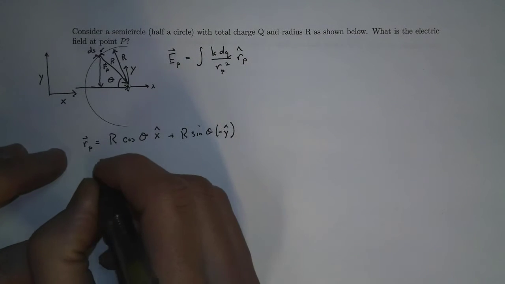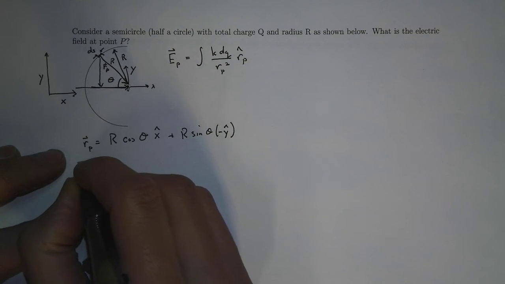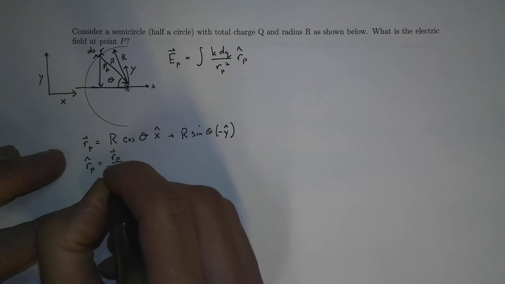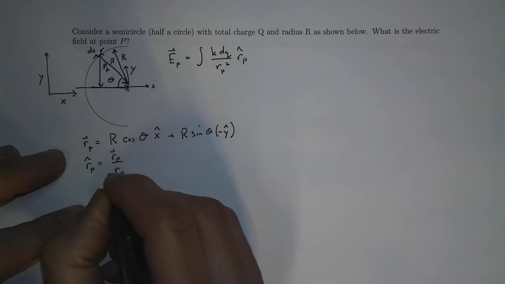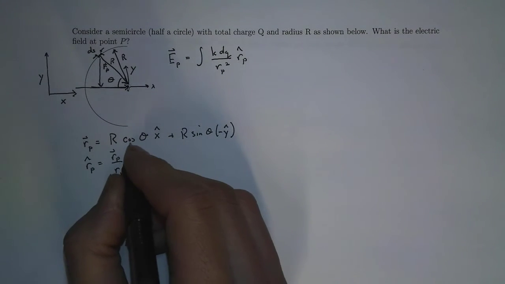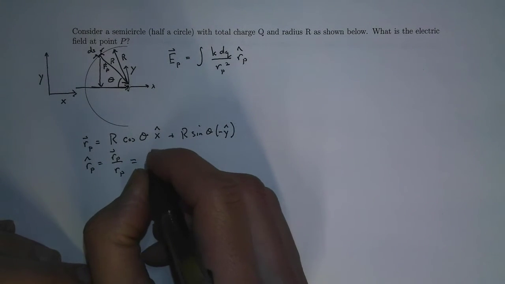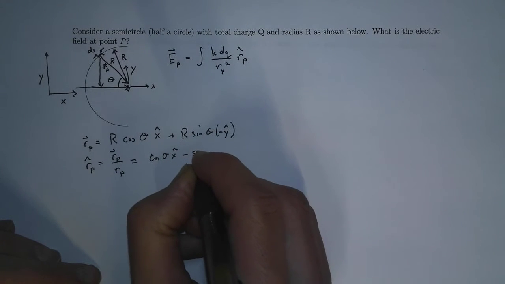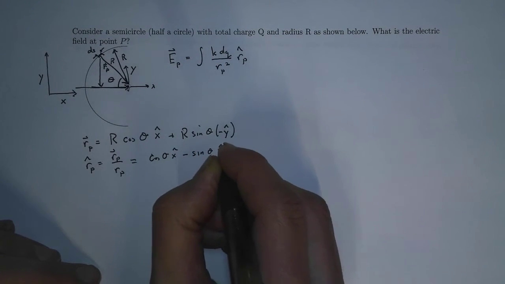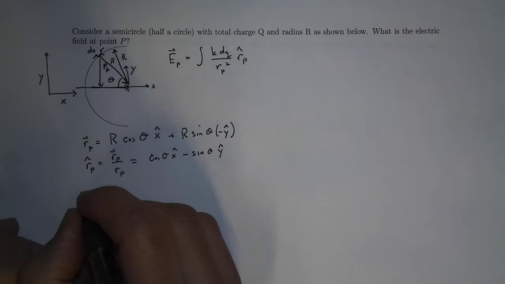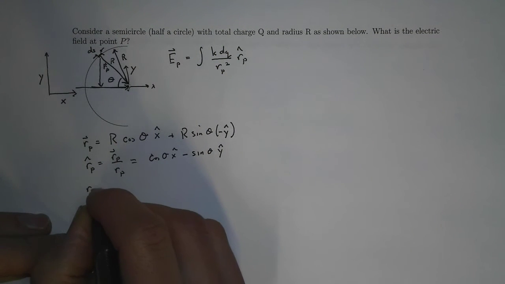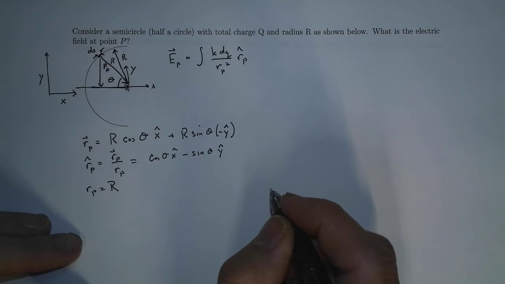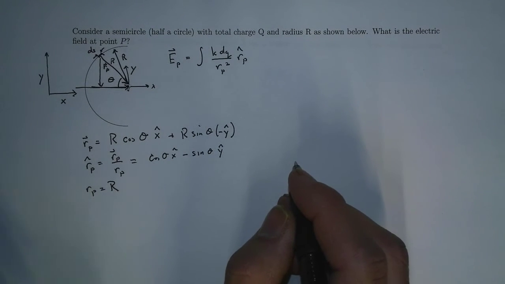And so r_P hat is just going to be the r_P vector over r_P. But r_P is just going to be R, so this is just cosine theta x hat minus sine theta y hat. And then we're done. Note that r_P is simply equal to R in this example. Now that gets us most of the way there.